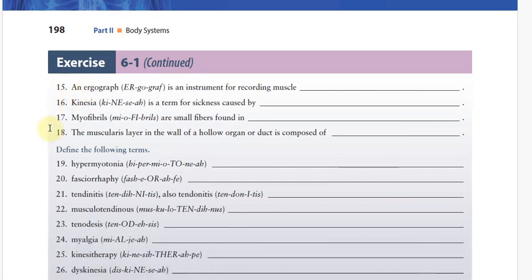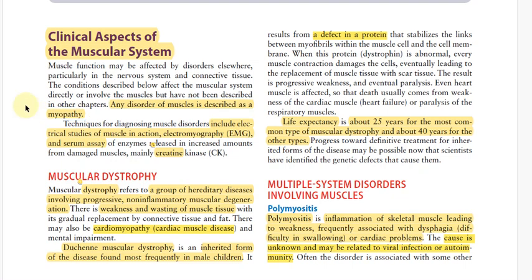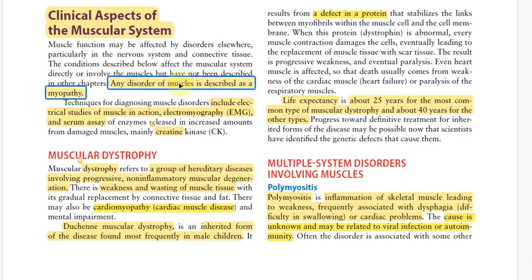Another important section is 198, clinical aspects of the muscular system. Any disorder of the muscles is described as a myopathy, and I need to work on the pronunciation of this word, creatine kinase.